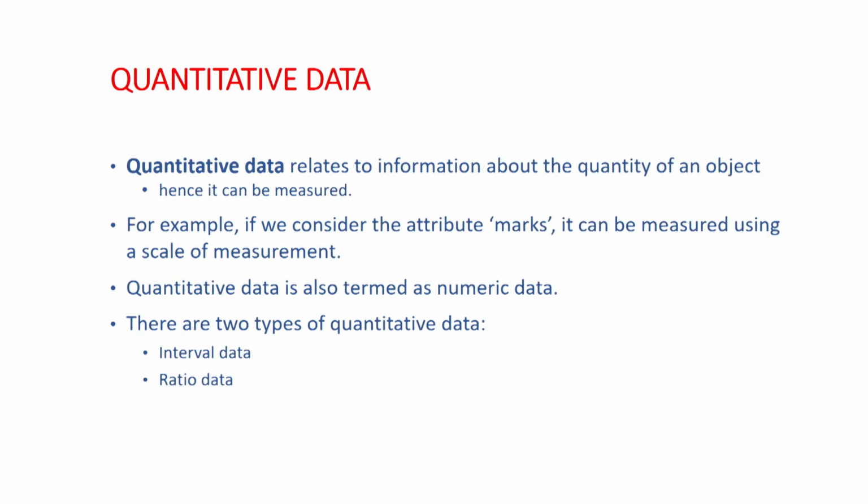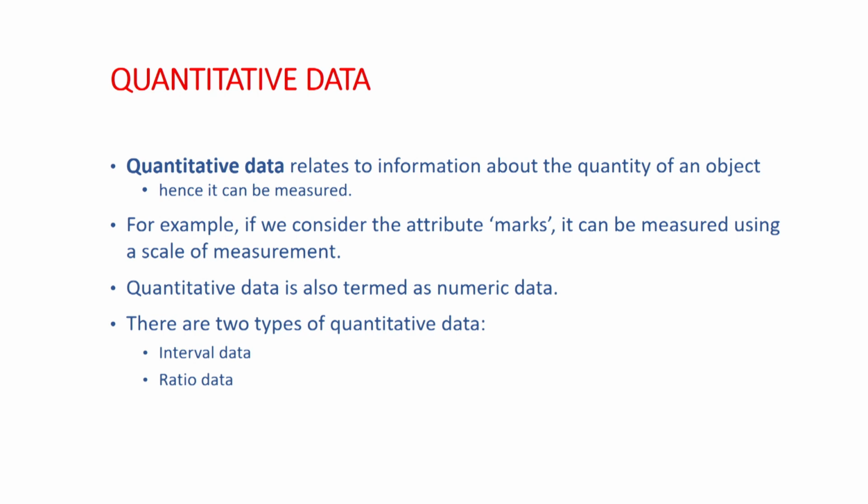Then quantitative data, this is the second type of data. Categorical data was the first type, under which we have seen three types: nominal, binary and ordinal. Quantitative data refers to data in which we have information about the quantity of some particular object, which means it can be measured.